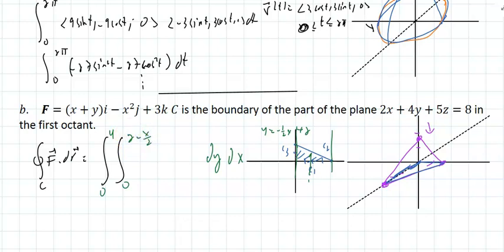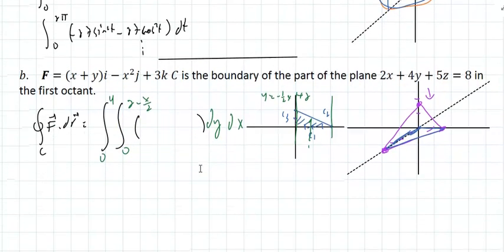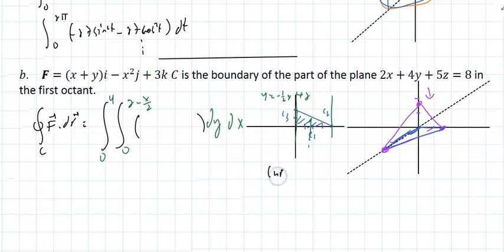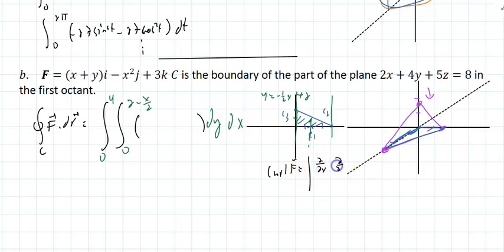That's simple. What's left? Well, I need the curl of F. And that's where the busy work is. Curl of F is the partial with respect to, that's a 0.